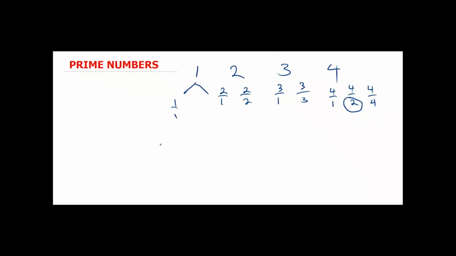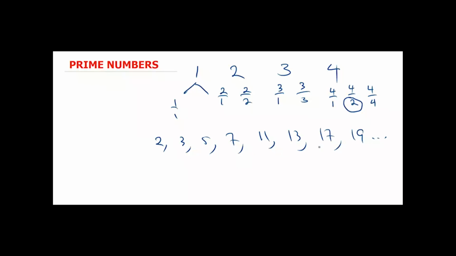So because of this, 4 is not a prime number. So I'll just list the remaining ones. We can list the set of some prime numbers now. You have 2, 3, 5, 7, 9 is not there, 10 is not there, 11, 13, 17, 19, and so on and so forth.